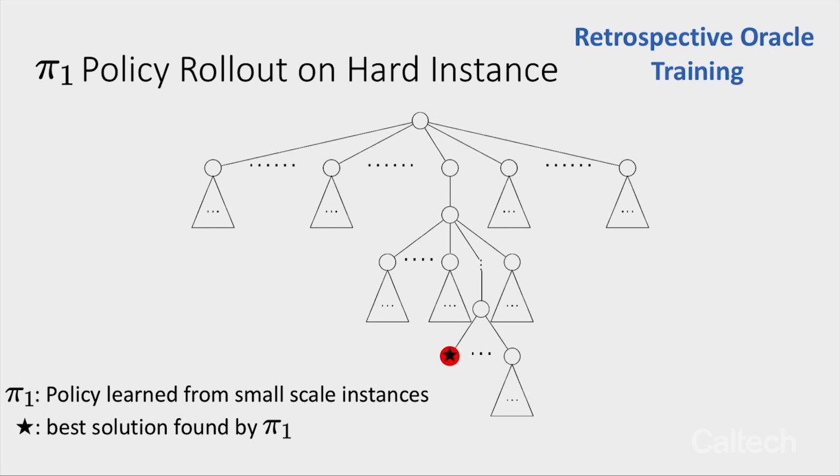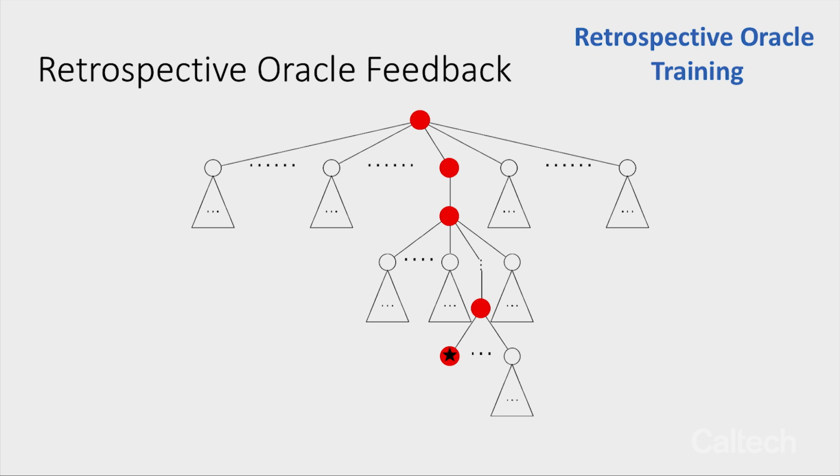Imagine you have trained a policy using imitation learning on small-scale instance, and now the algorithm is actually given a large-scale instance. We roll out the policy on the branch and bound algorithm to find a solution, and iteratively improve the performance of the policy using retrospective feedback.